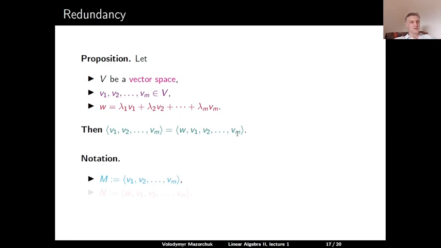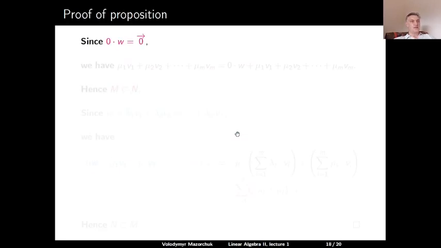To prove this, let us introduce the following notation. Let us denote by M the linear span of v1, v2, and so on vm, and by N the linear span of v1, v2, and so on vm, and additionally w. So here is a proof. Since 0 times w is a zero vector, the linear combination mu1 v1 plus and so on plus mu m vm can be written as 0 times w plus mu1 v1 and so on plus mu m vm.